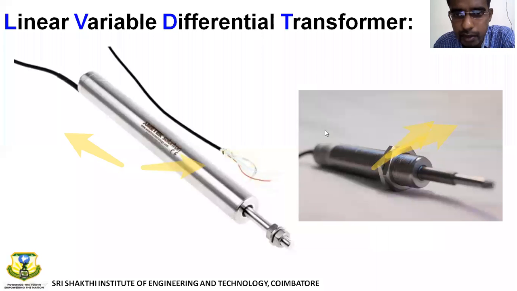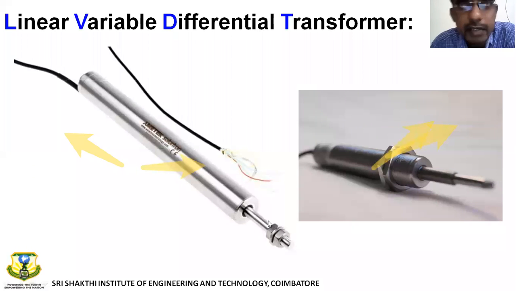Before getting into the title, I want to show you how it looks in practice. This is a linear variable differential transformer. From this sensor the wire goes, which carries the electrical signal. See, this is the movable arm.